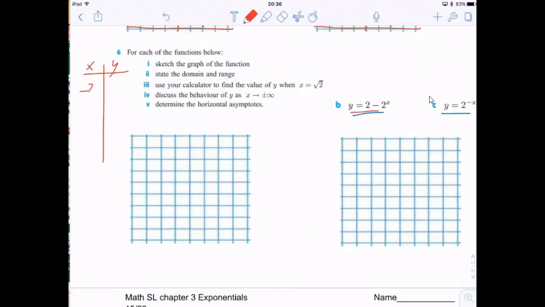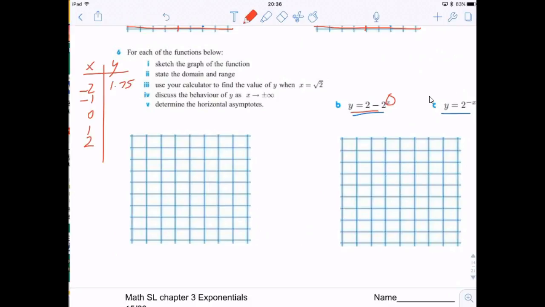and I'm going to graph -2, -1, 0, 1, and 2. So if I put -2 in there, I'm going to get 2 minus 2 to the -2. 2 to the -2 is 1/4. 2 minus 1/4 is 1.75.